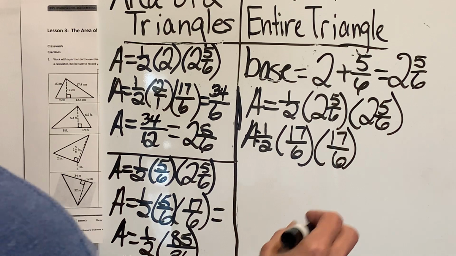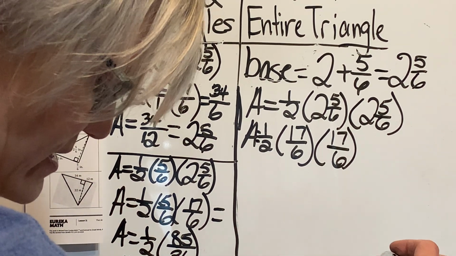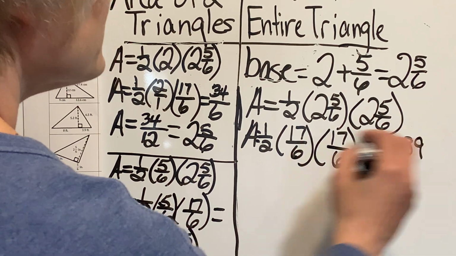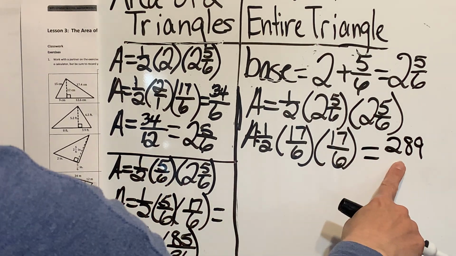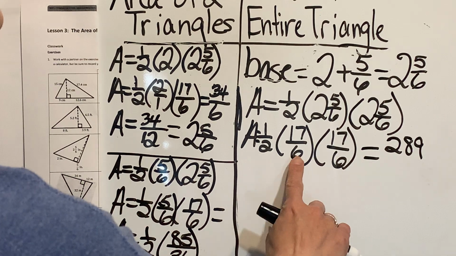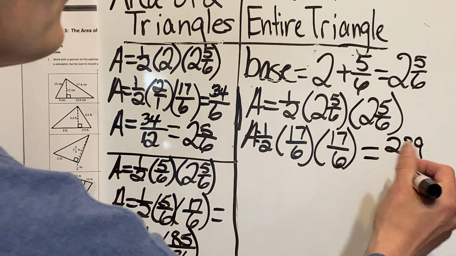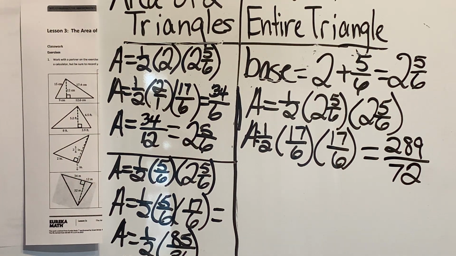So when we multiply this, we've got 289, because we've got 1 times 17 times 17. So that gives us 289. You can check that on your calculator. 2 times 6 times 6 would give us 72. Check that on your calculator.